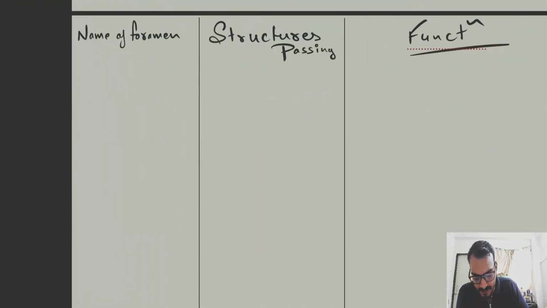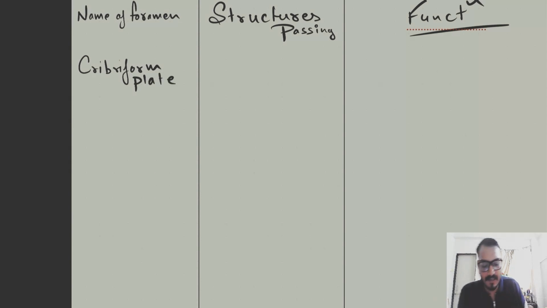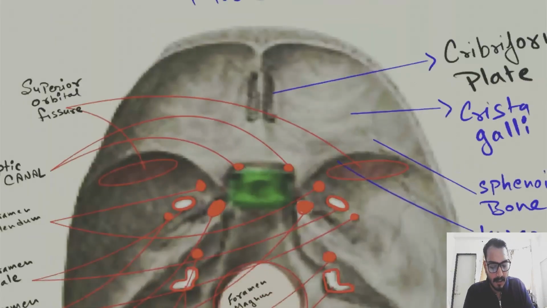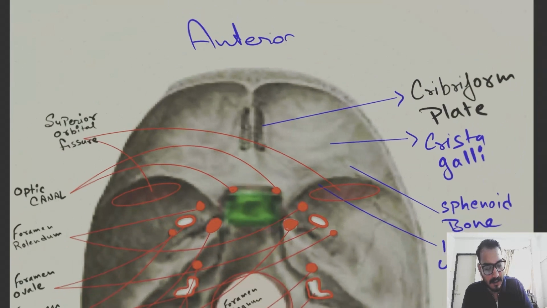The first foramen which we are going to discuss is cribriform plate. What is this, guys? Cribriform plate, we have already discussed it. Cribriform plate is a part in the ethmoid bone.